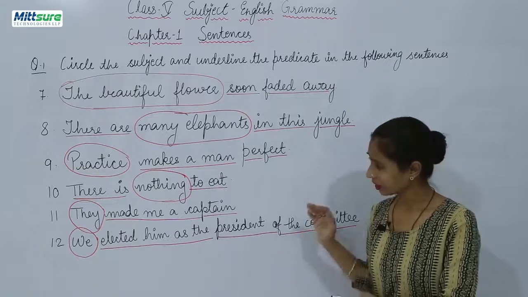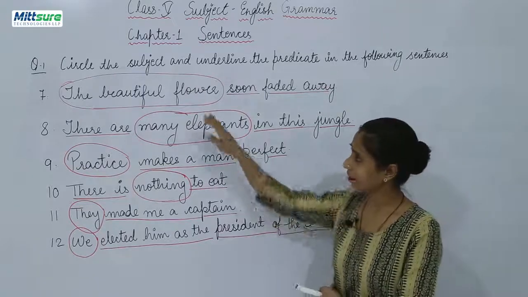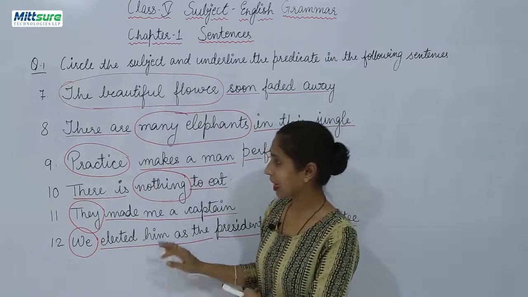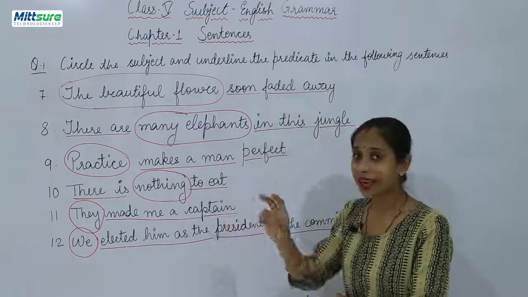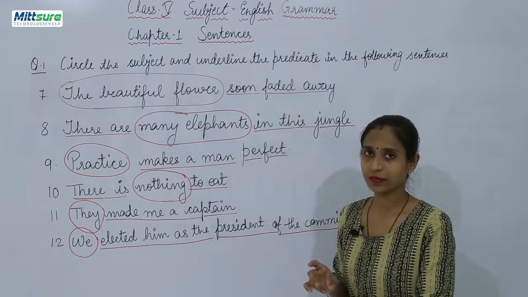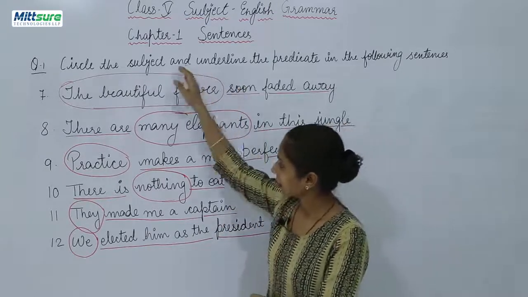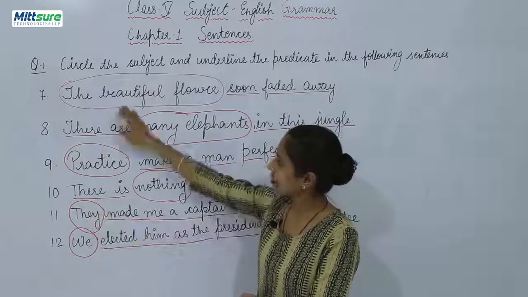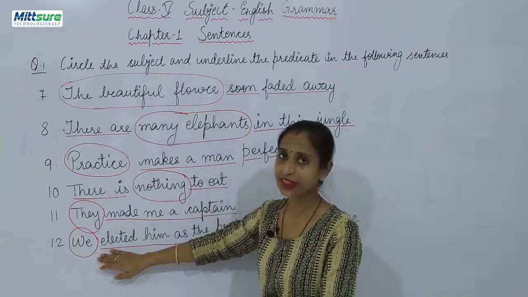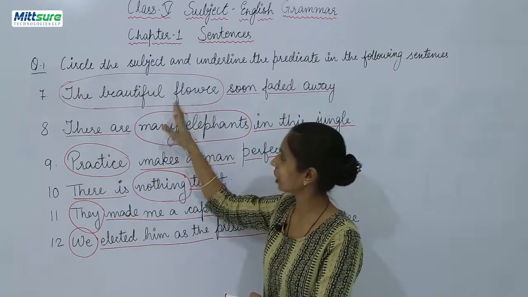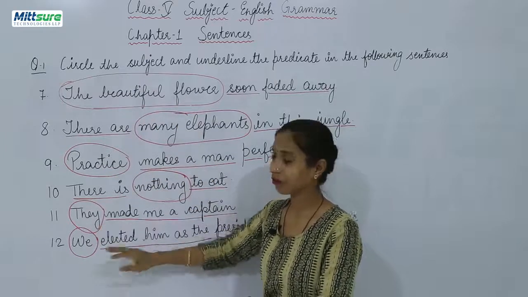Now here when you see these statements, when we talk about the place of the subject, you can see there are few sentences in which subject is coming first and the predicate is following them, like the beautiful flower, practice, they, we.